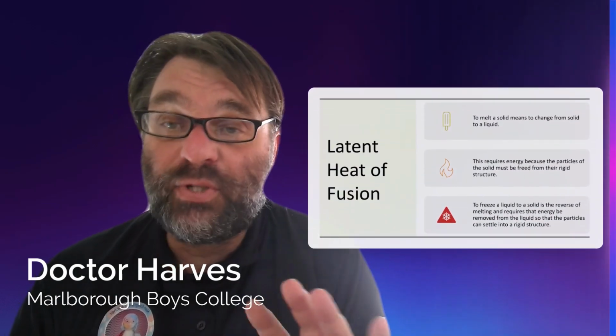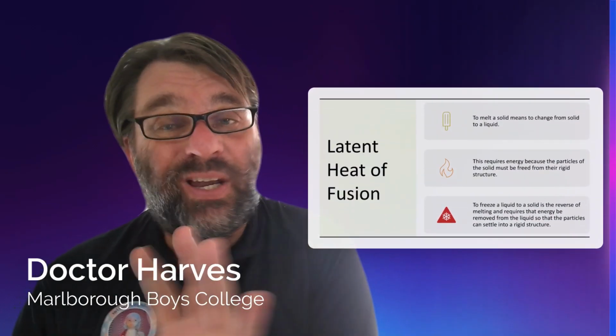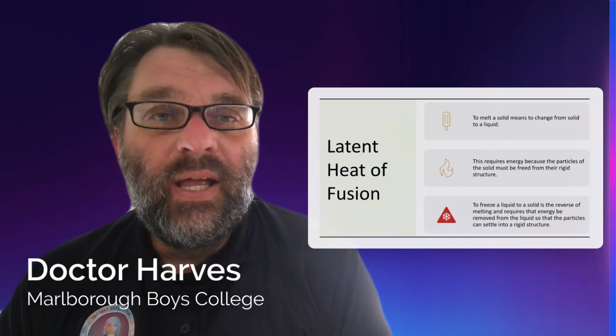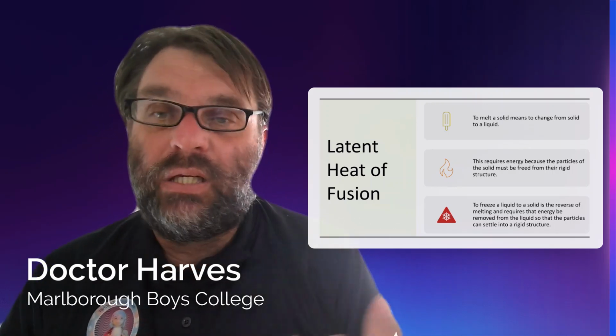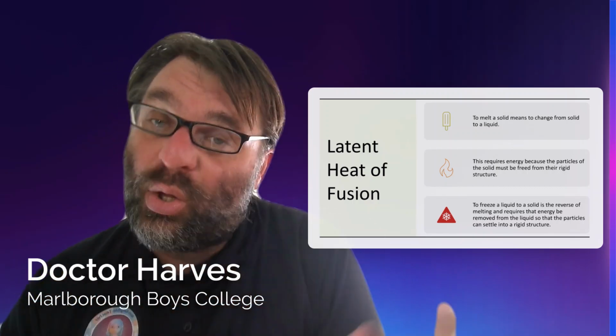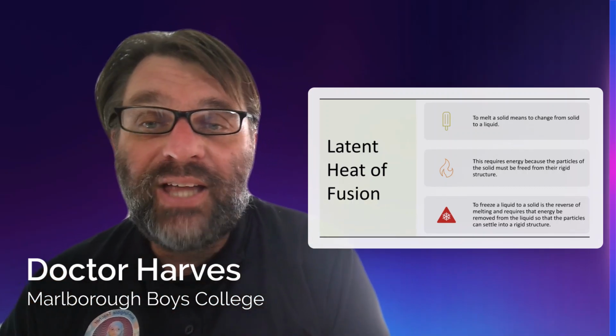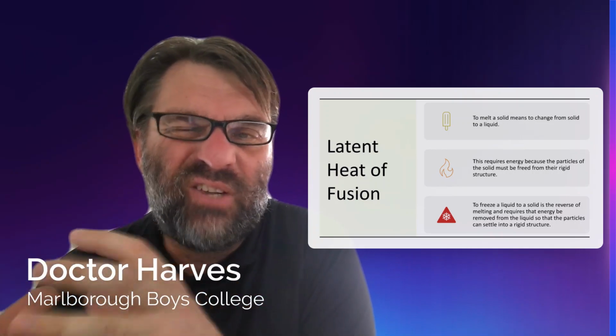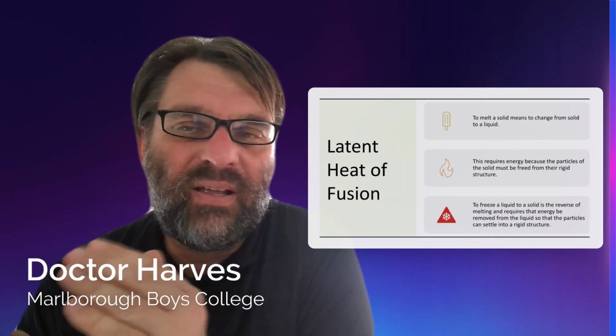And there are two types of specific latent heat we're going to look at. The first one is the latent heat of fusion. That happens when you are melting solids. So when you melt a solid, you're going from a solid to a liquid. In the beginning, a solid is all nice and rigid and in place, only vibrating in its place.